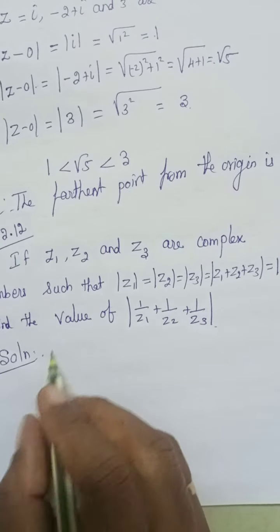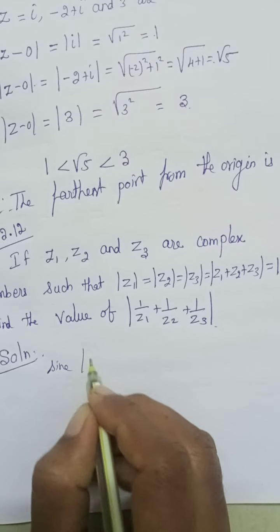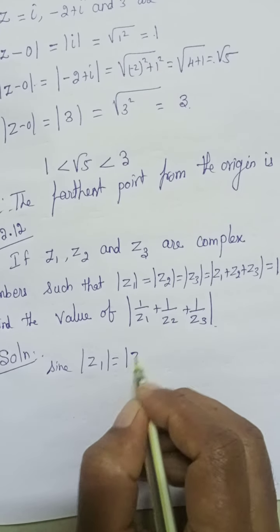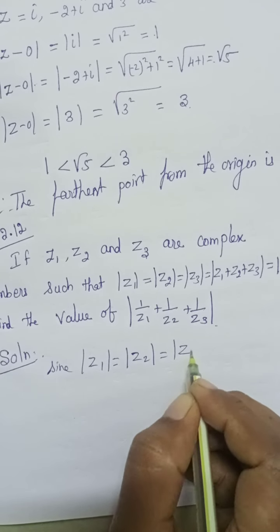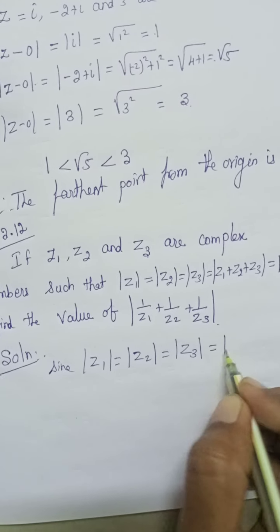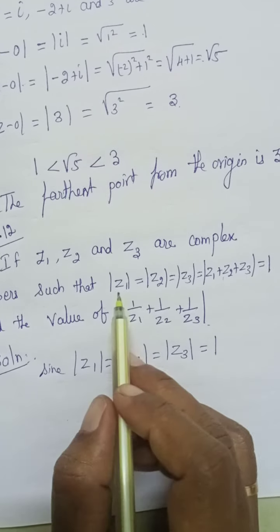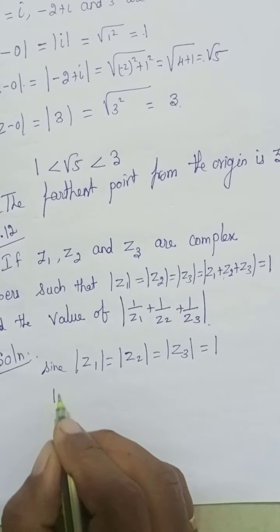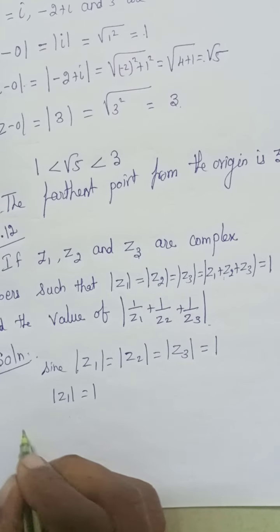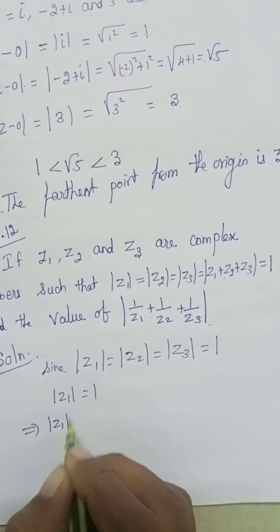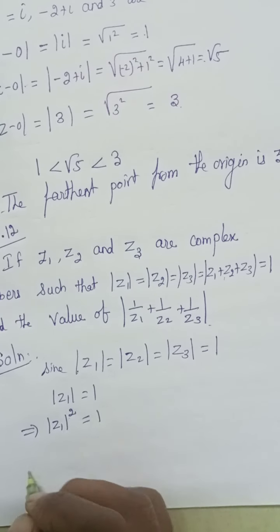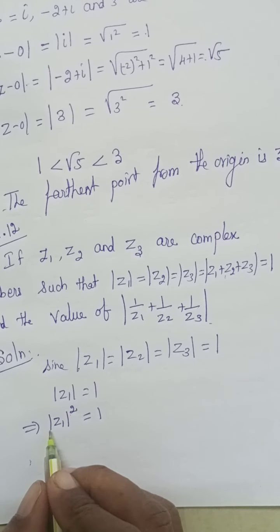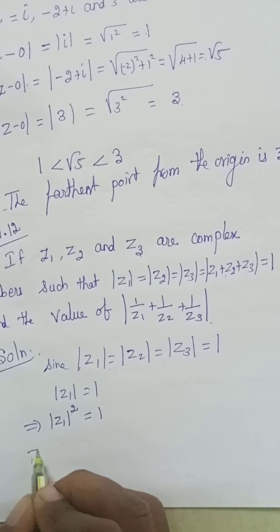Since modulus Z1 equal to modulus Z2 equal to modulus Z3 is equal to 1, and this is also equal to 1, I am just taking these values. Modulus Z1 equal to 1 implies modulus Z1 the whole square will also be equal to 1, because I wanted to remove this modulus.